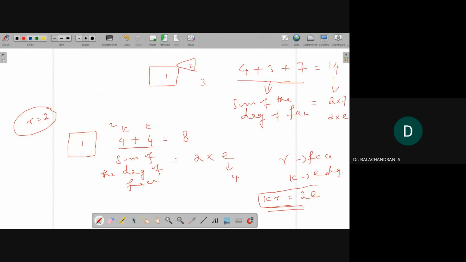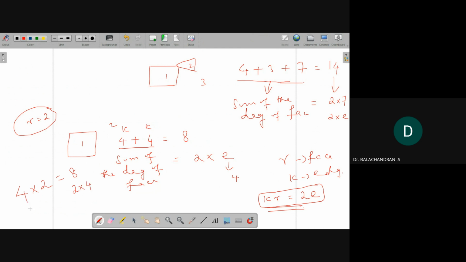So this is the idea. You should understand why kr equals 2e. r is the total number of faces, and each face is bounded by k edges. Here in this graph, each face is bounded by 4 edges, so k is 4. 4 into r, which is 2, equals 8. And 8 is nothing but 2 into the number of edges, which is 4.